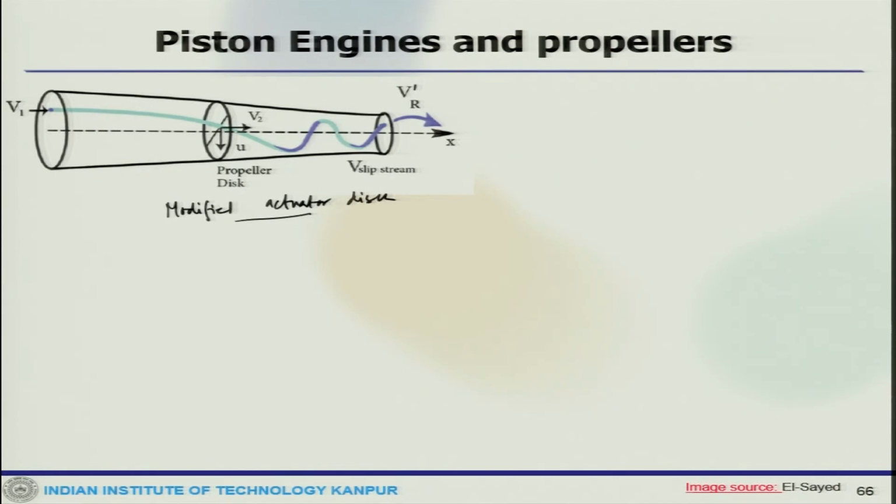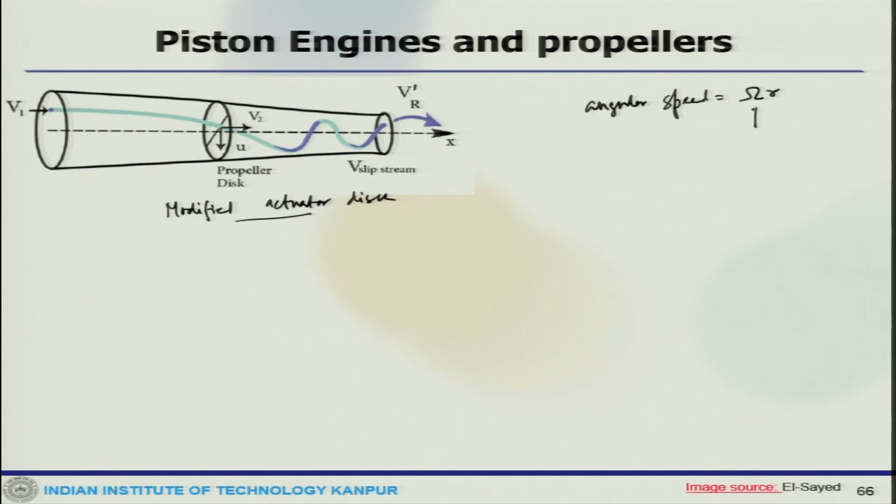So, we can consider a stream tube that passes through a radius r, which is shown here. So, there is a propeller disc and there is a stream tube. The corresponding angular speed at this blade is, let us say, omega r.